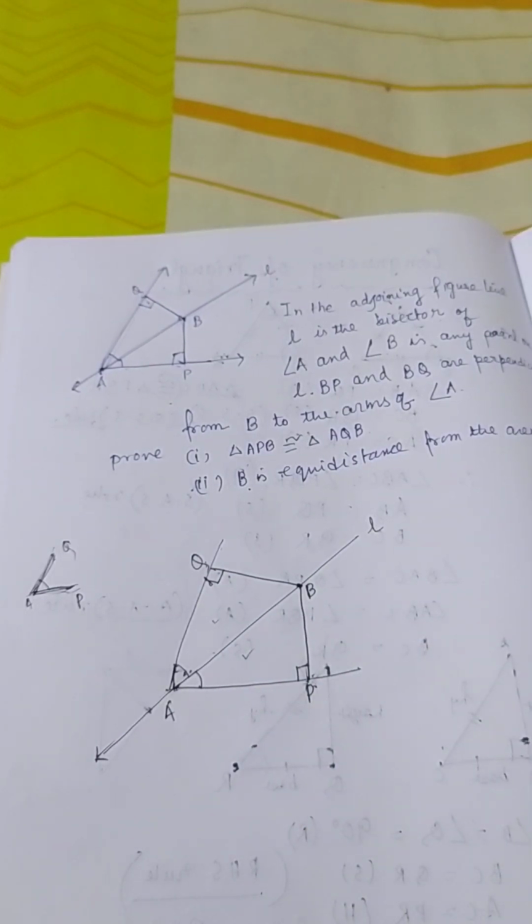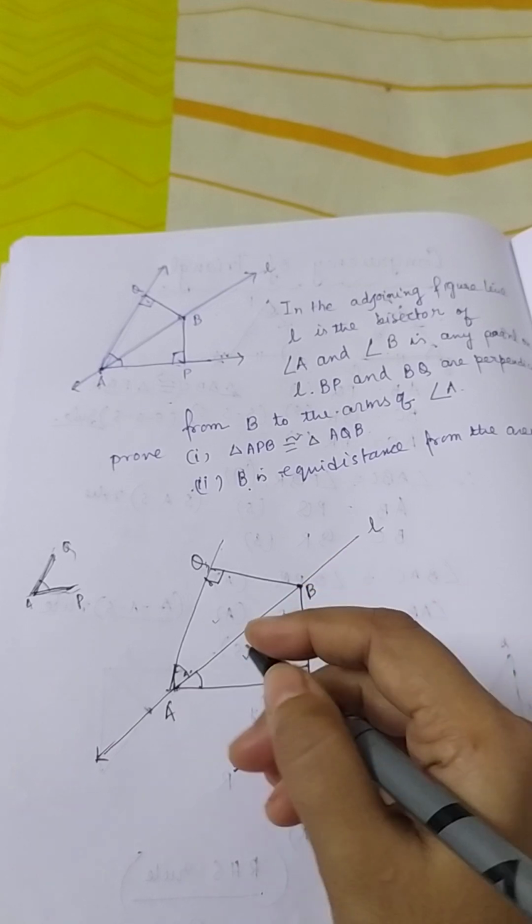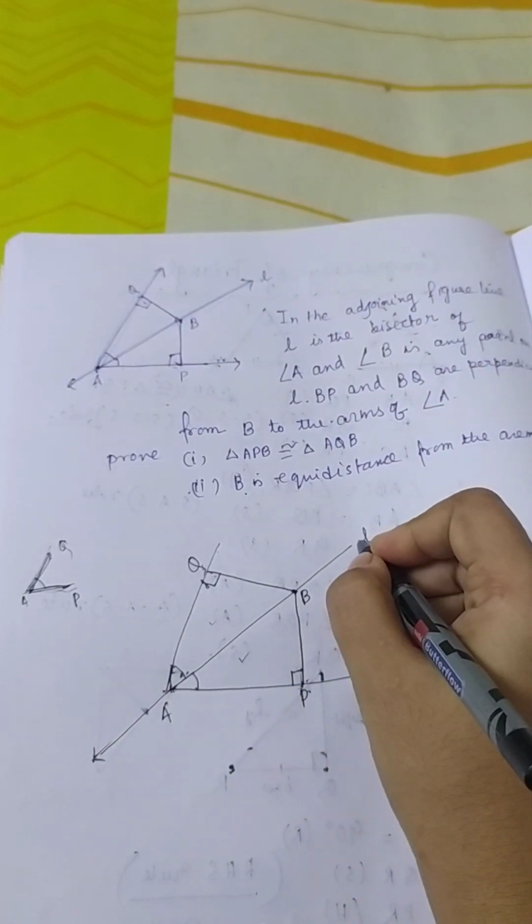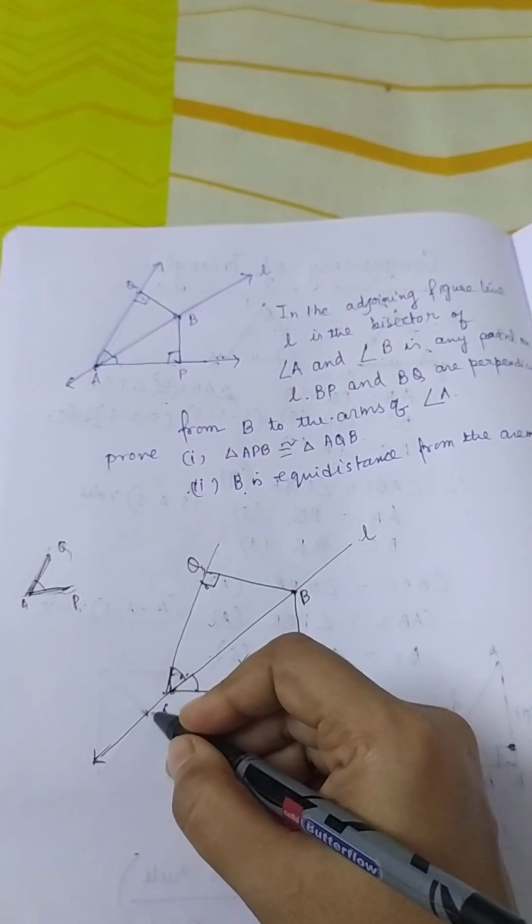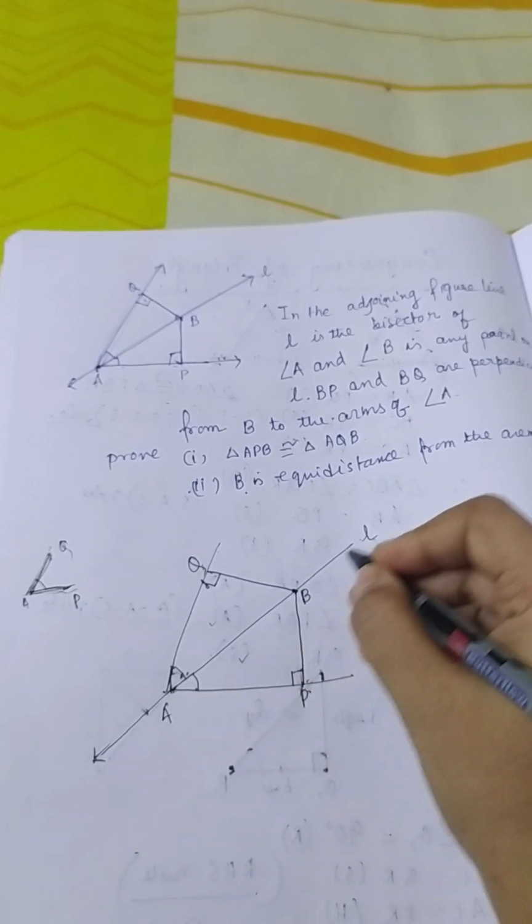Whenever we have to find the congruency of any two triangles, we have to keep in mind different rules like SSS, AAS, SAS, and if it is a right angle, then RHS. Now here, L is the bisector.